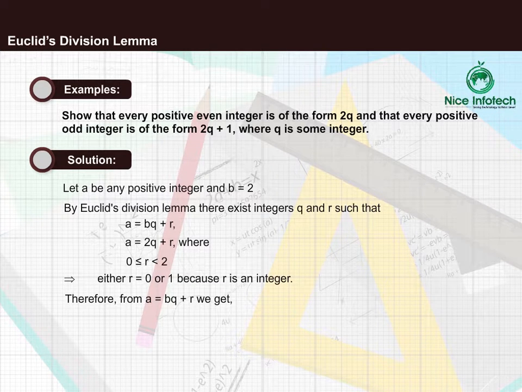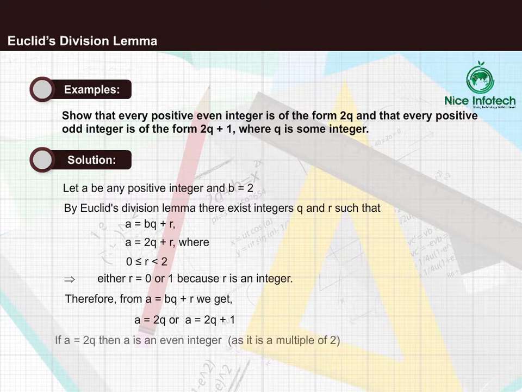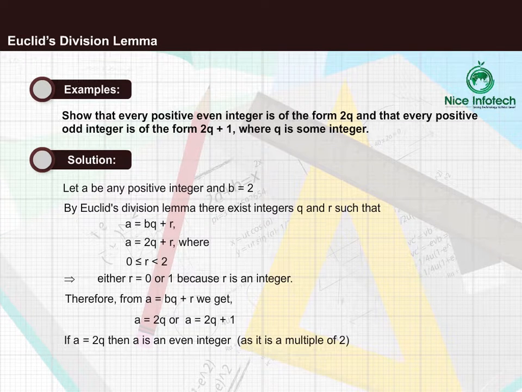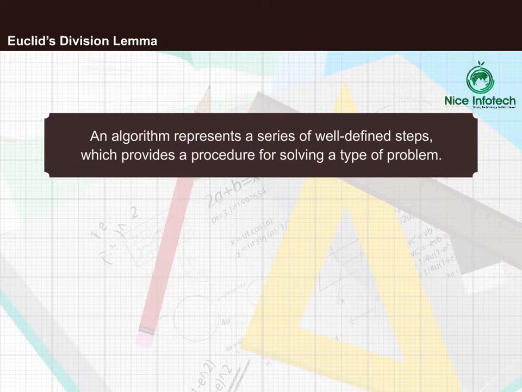Therefore, from a is equal to b times q plus r, we get a equal to 2q or a equal to 2q plus 1. If a is equal to 2q, then a is an even integer, as it is a multiple of 2.